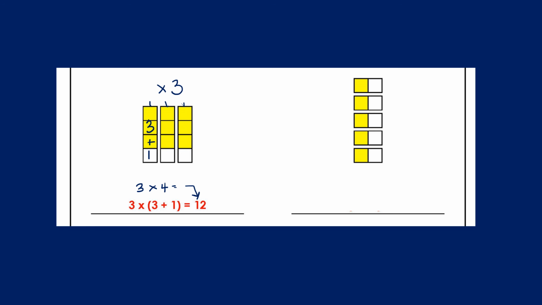In this example, we have 1 plus 1, and we have 5 groups of that. So we have 5 groups of 1 plus 1, and that equals 10, because we do what's in parentheses first. It's 2, and that equals 10.